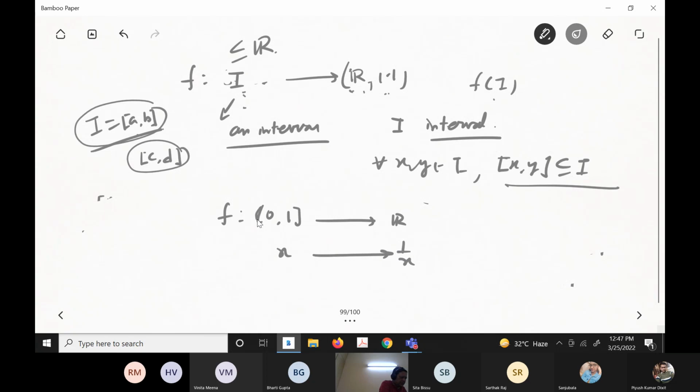Here it is a bounded interval, because it's neither closed nor open. And what will be the interval here? Look here, it is coming as an unbounded interval. Here it is a bounded interval. If you take this open, then it will be open, but it will be an unbounded interval.